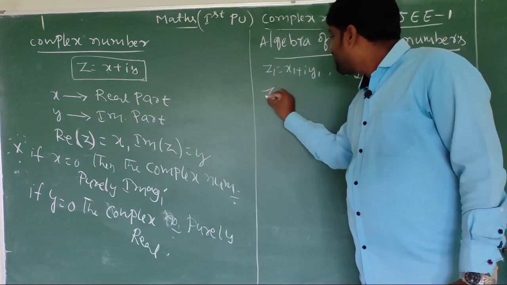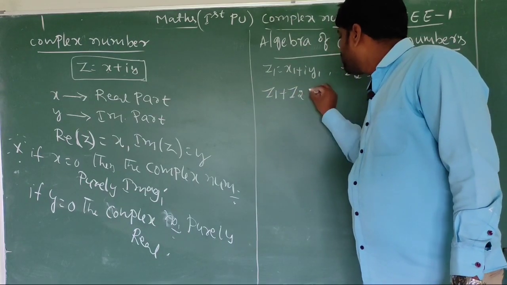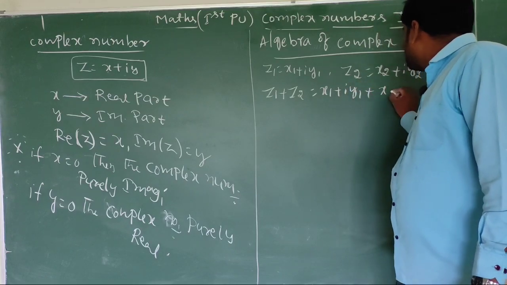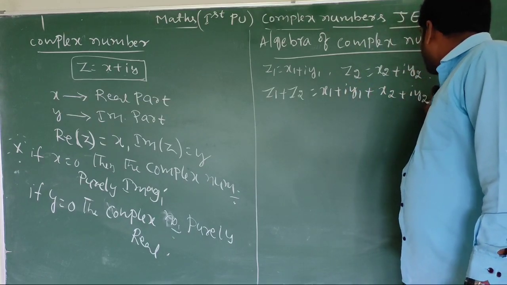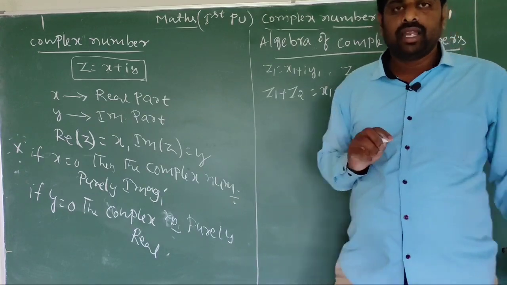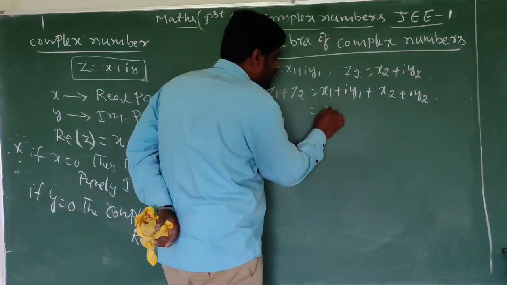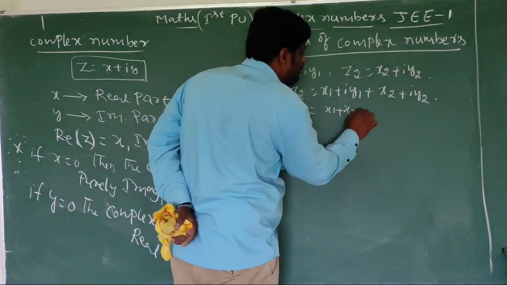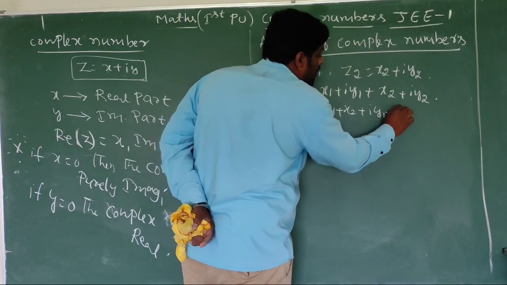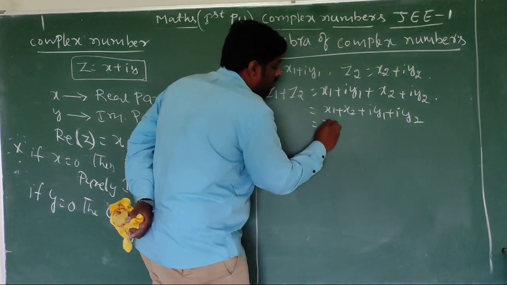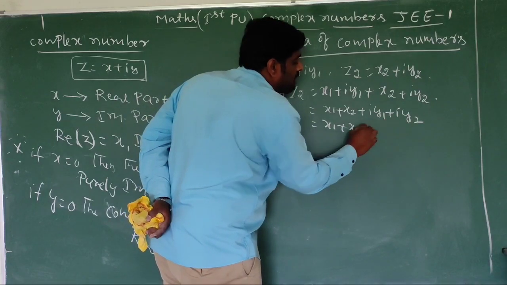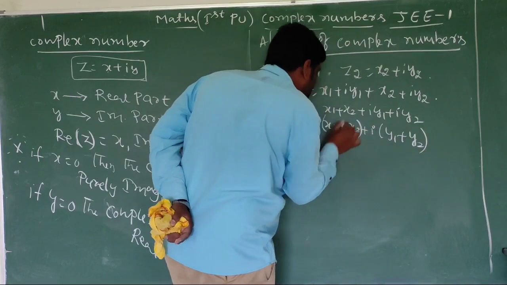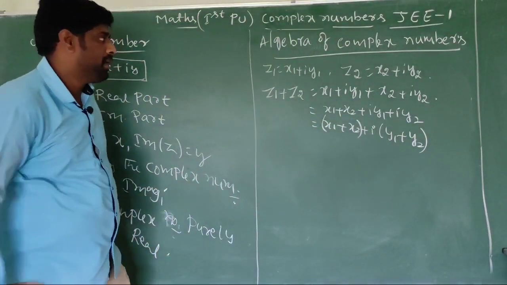So z1 plus z2 is equal to x1 plus iy1 plus x2 plus iy2. Now we separate the real part and imaginary part: x1 plus x2 plus iy1 plus iy2, that is x1 plus x2, here i is common, i of y1 plus y2. So this is addition of complex numbers.